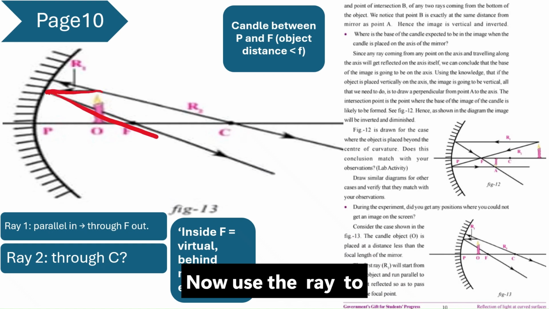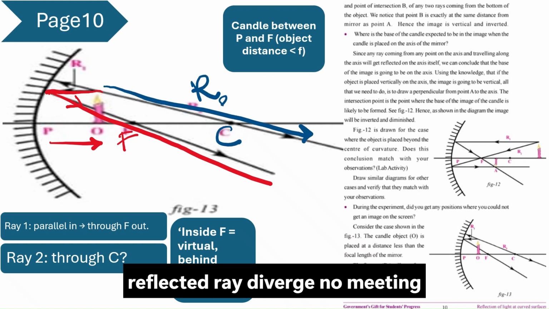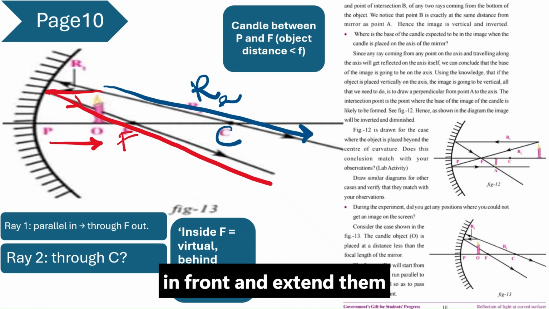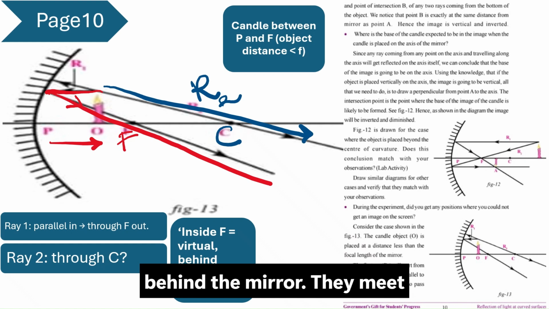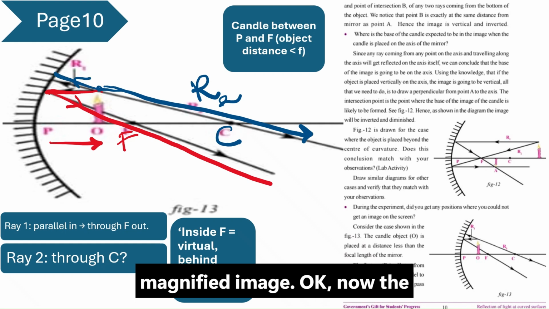Now use the ray to the pole, reflecting symmetrically. The reflected rays diverge, with no meeting in front, so extend them behind the mirror. They meet virtually, giving an upright and magnified image.